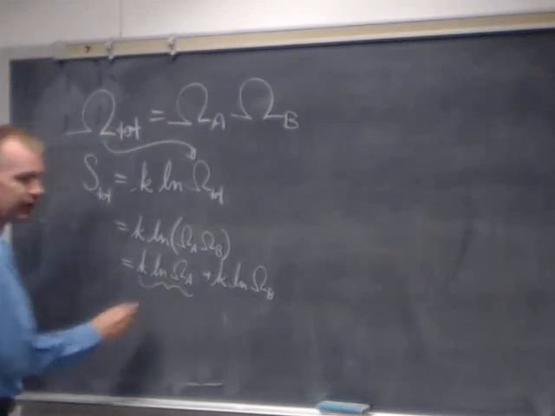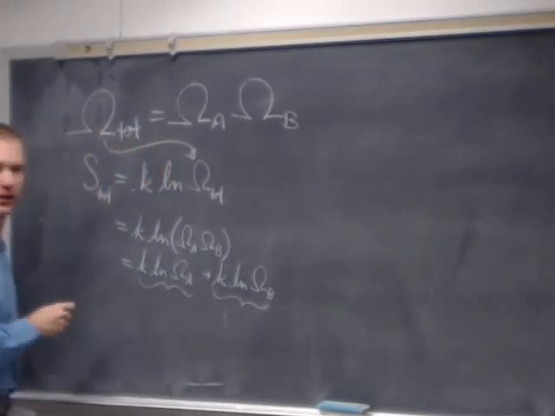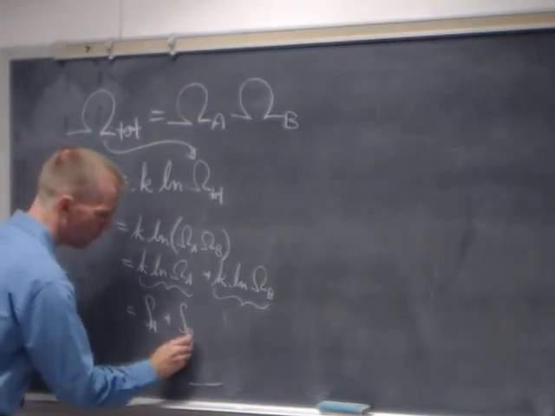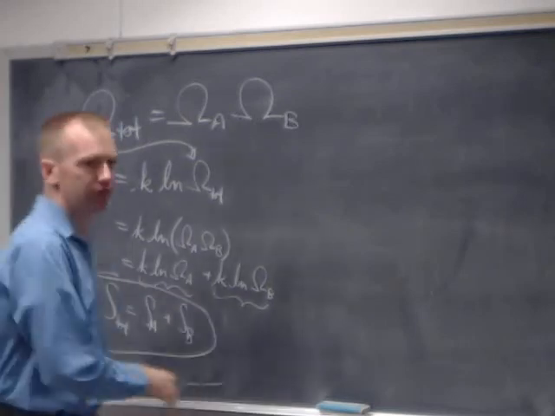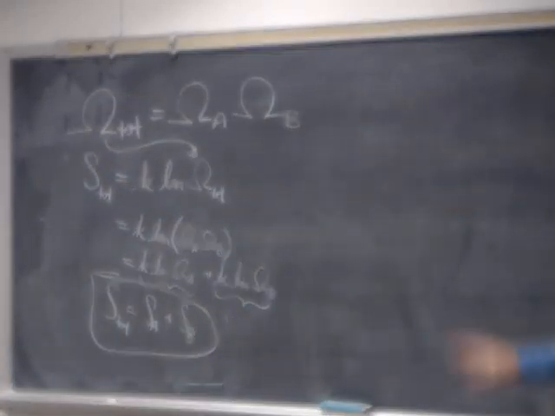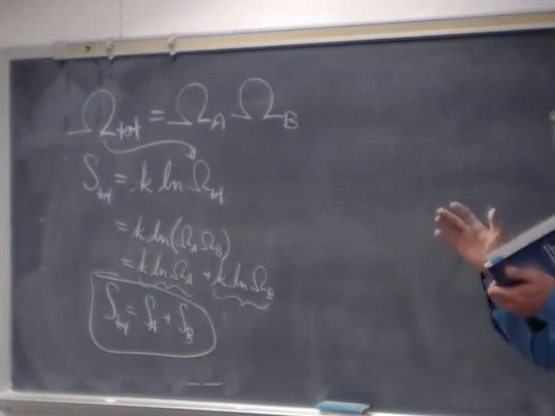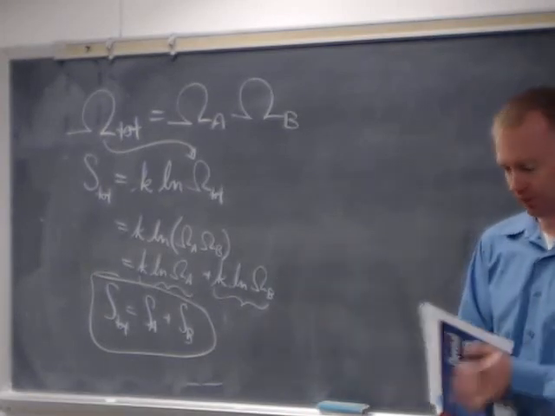Well, this is simply the entropy of part A, and that is the entropy of part B. So we wind up with a very neat result: entropies add. If you have two parts to a system, you can simply add their entropies and you get the total entropy.